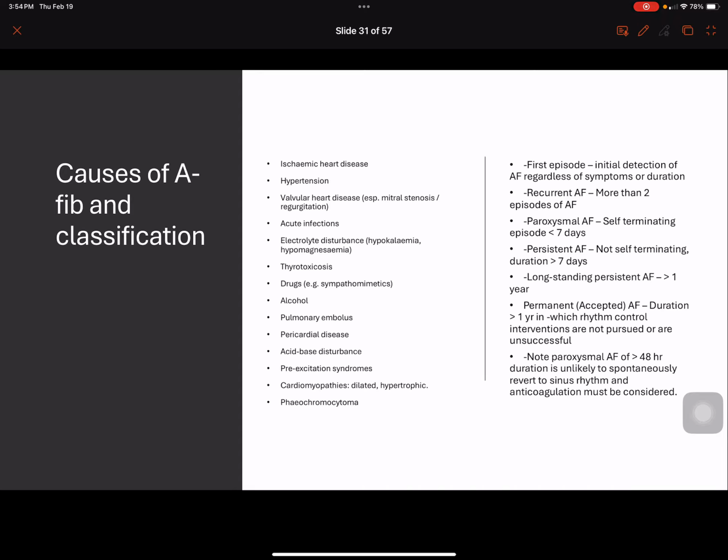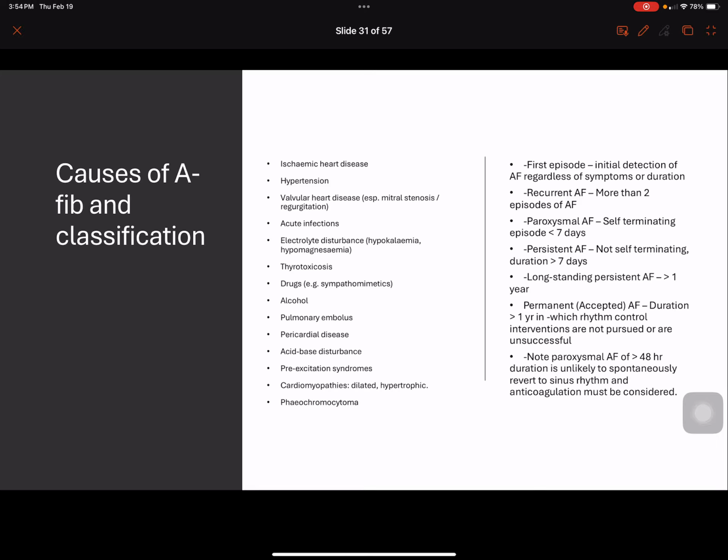So generally, we classify things into a first episode, or initial detection of AFib, regardless of duration. Recurrent AFib is when we have more than 2 episodes of atrial fibrillation that we've caught. Paroxysmal could be self-terminating episodes that last less than 7 days.